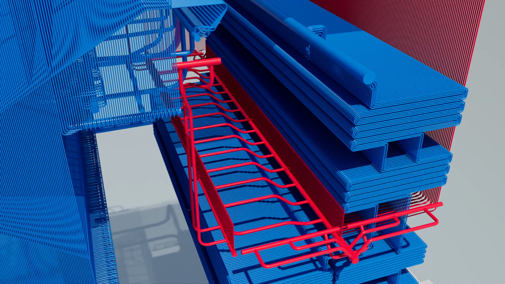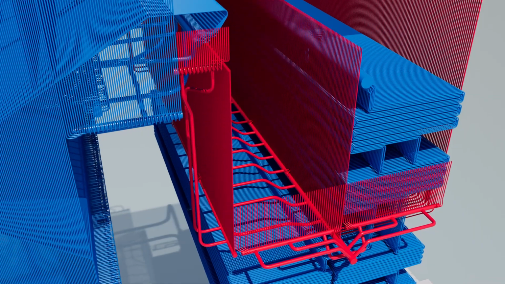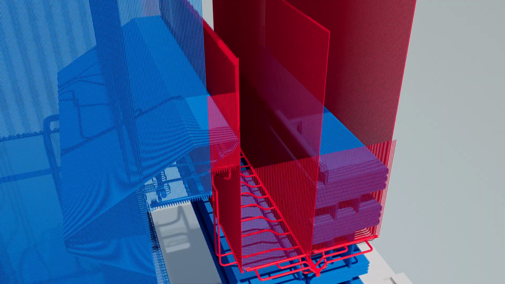The convection superheaters consist of HRA walls, primary superheater, and final superheater.